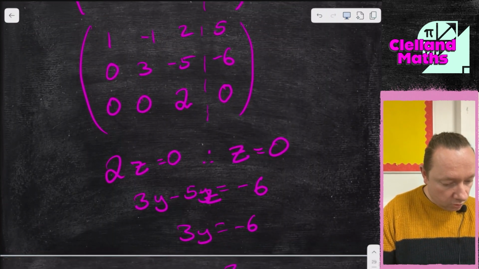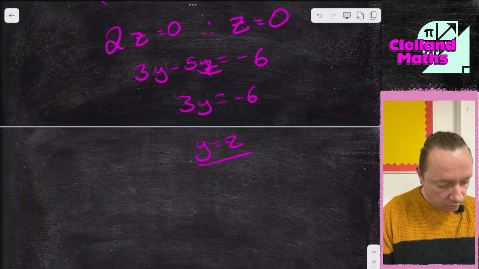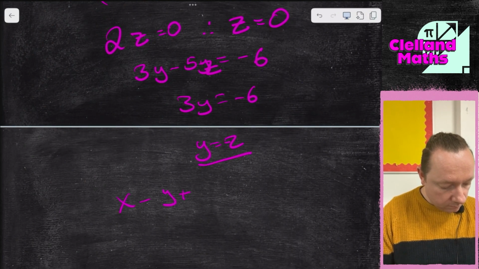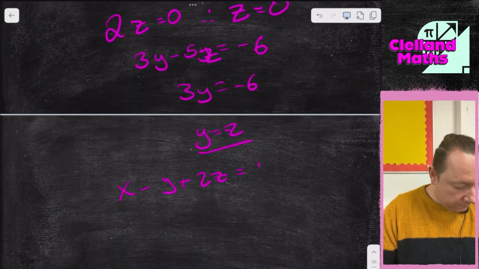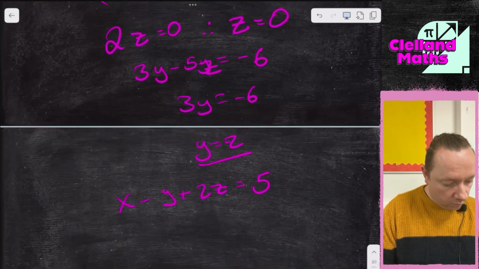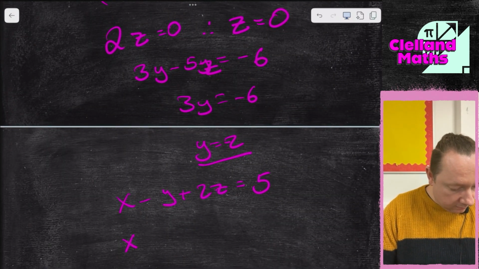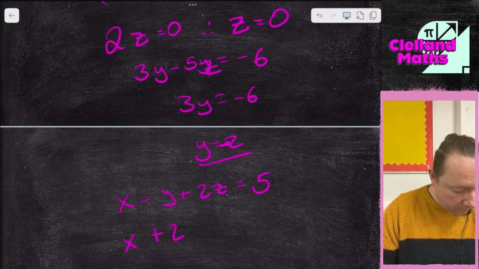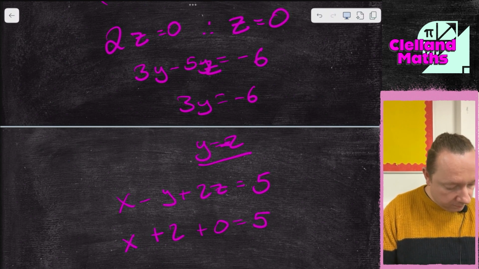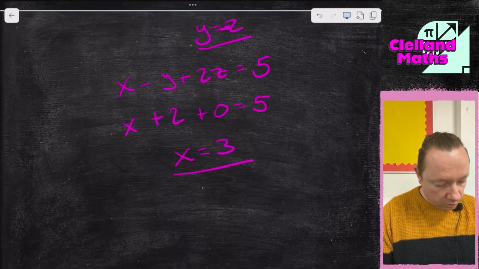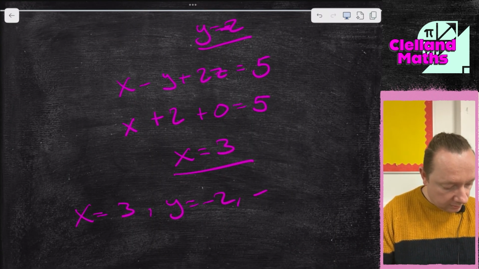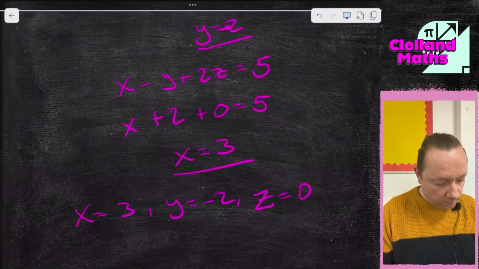And our first row is x minus y plus 2z equals 5. So we already know y is minus 2, so plus 2 plus nothing equals 5. So x is equal to 3. So our final solution is x equals 3, y equals minus 2, and z equals 0.